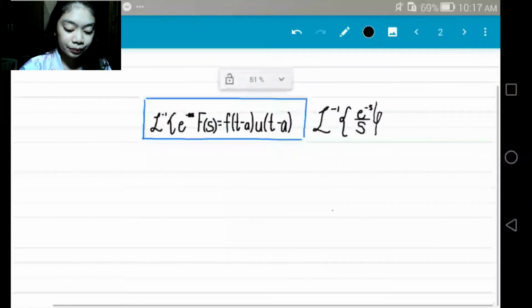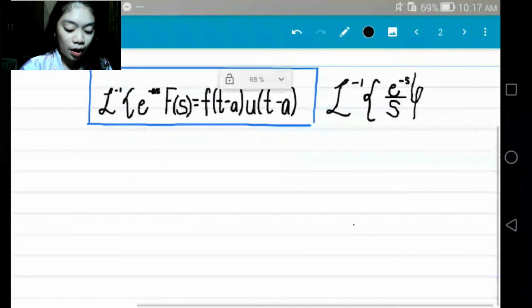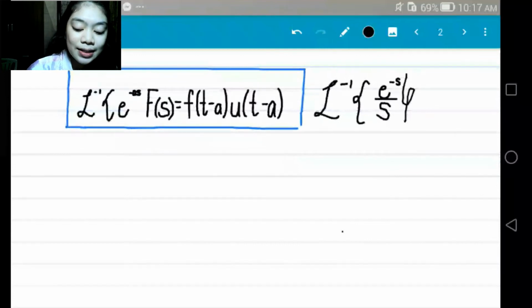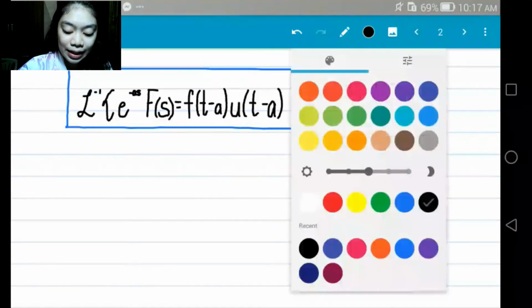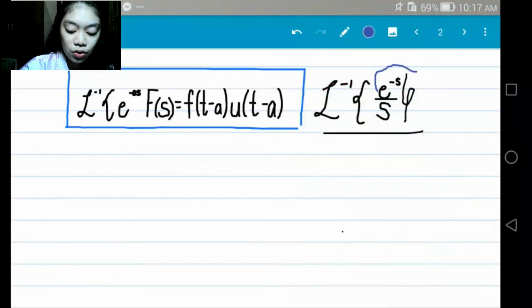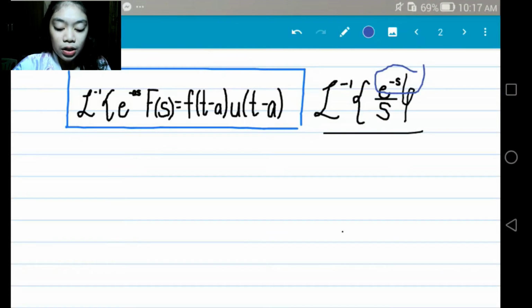So here, our problem is Laplace inverse of e raised to negative s over s. First, we need to look at the e raised to negative s over s.